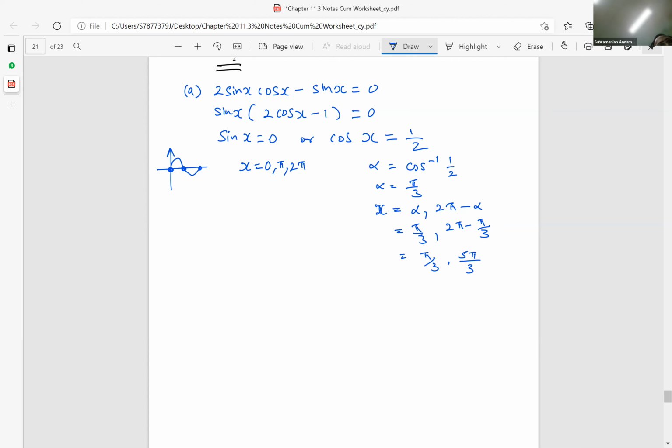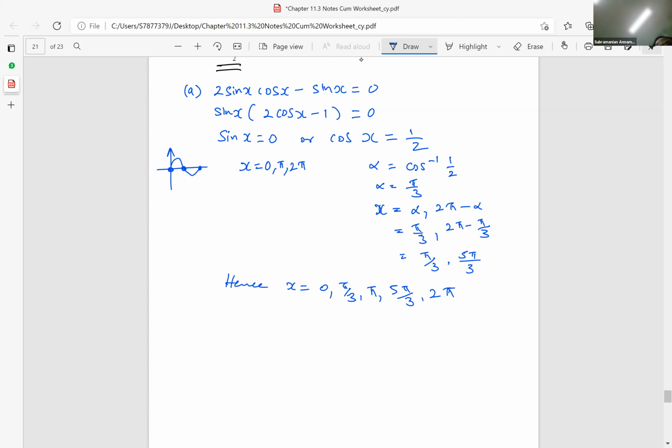Then you need to rewrite the whole thing. So the final answer, hence x is equal to 0, pi over 3 first, then pi, then 5 pi over 3, then followed by 2 pi. So this is your full-fledged answer.